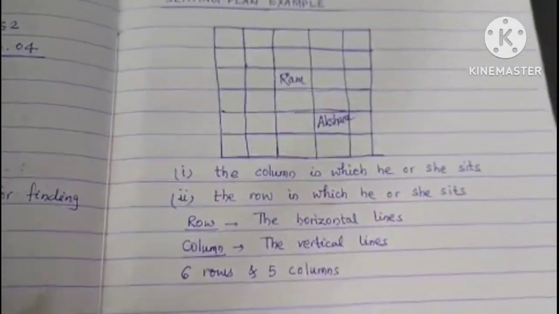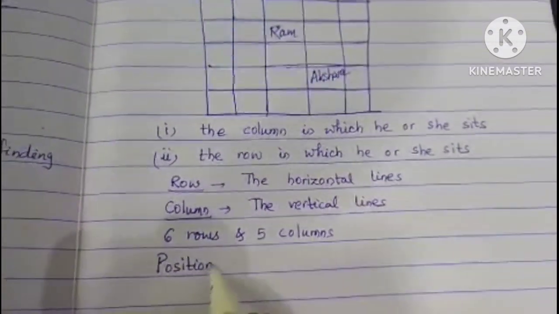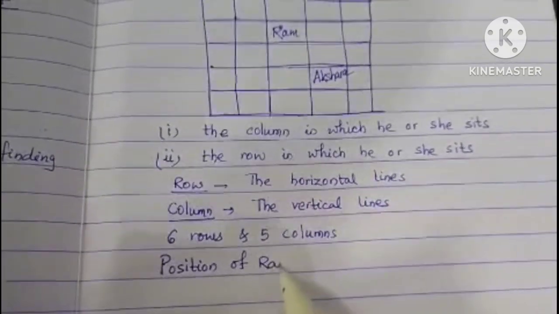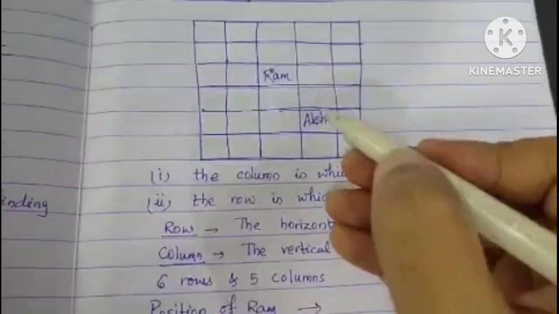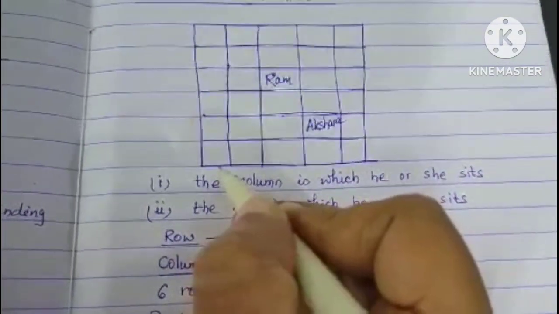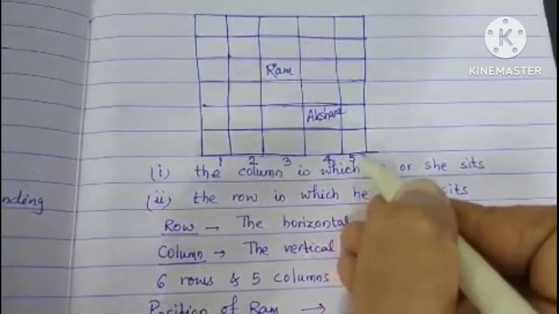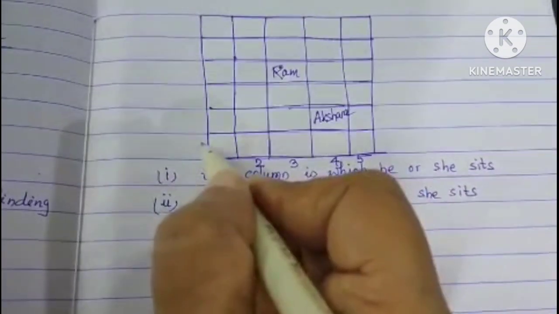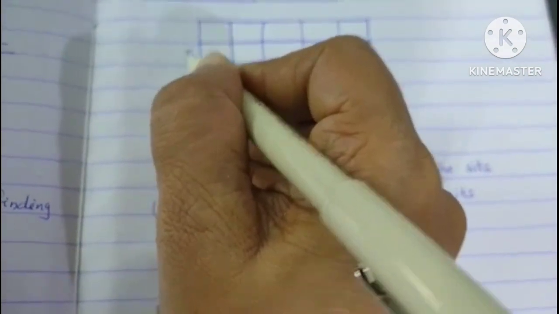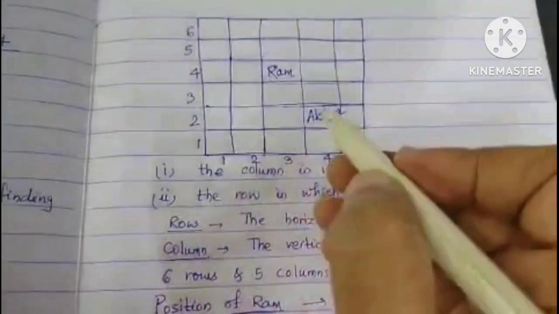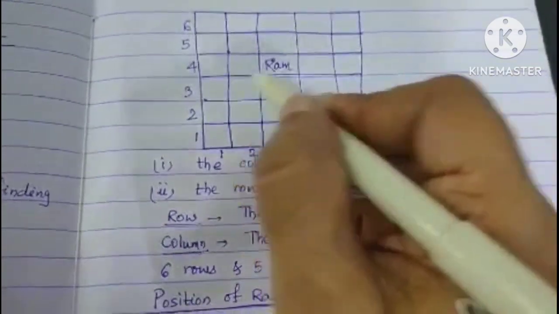Now we have to tell the position of Ram. See how easy it is to locate the position of Ram. This is column number 1, column 2, column 3, column 4, column 5. Suppose this is row 1, row 2, row 3, row 4, row 5 and row 6. So Ram will be in column 3 and row 4.